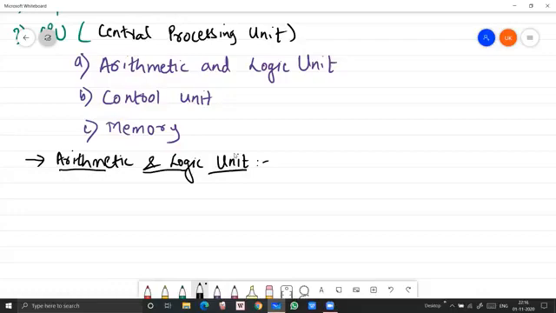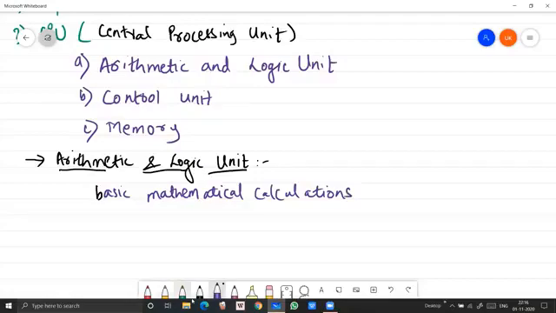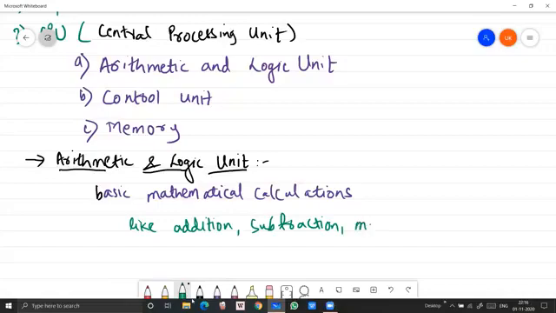It performs the basic mathematical calculations, like addition, subtraction, multiplication and division.